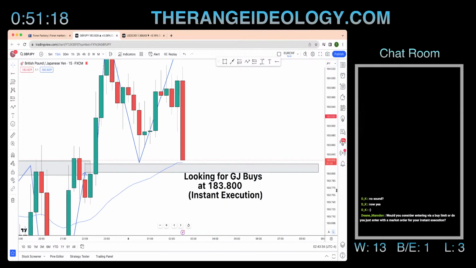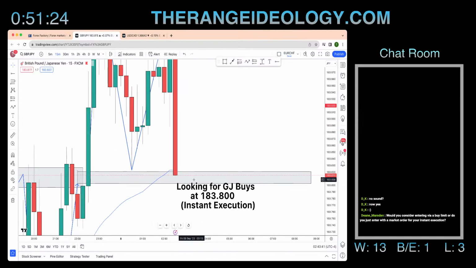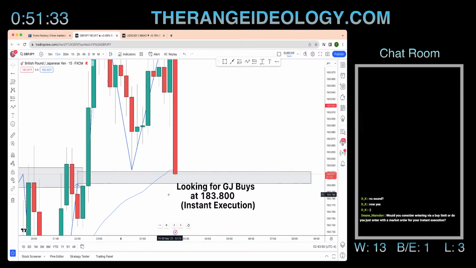It's nearing our entry here. So again, I'm looking for price to at least reach 183,800. It's almost there. So 183.816 here.